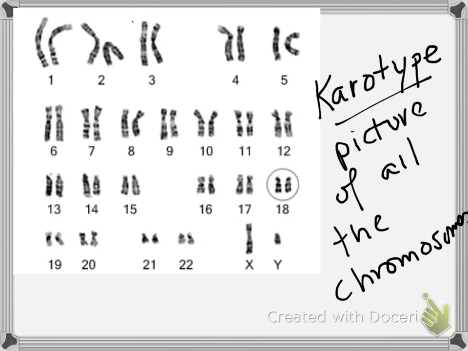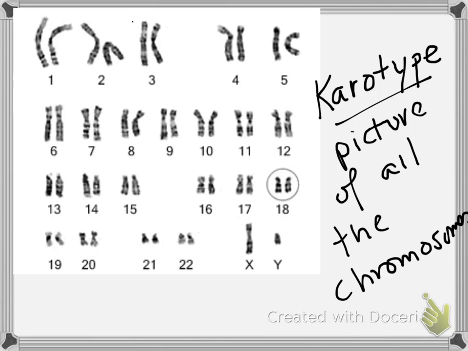We could take a karyotype for you. We could take a cell in your body, go to the part in that cell where the DNA is stored, wrapped around the proteins in the form of chromosomes. And this is a means of laying those out, and you see all of them.